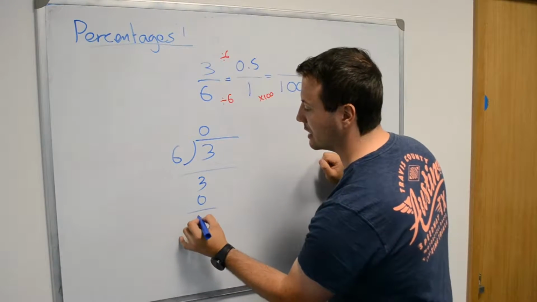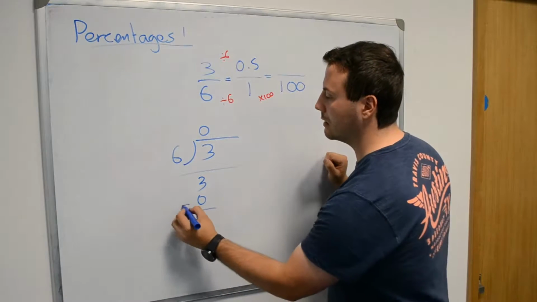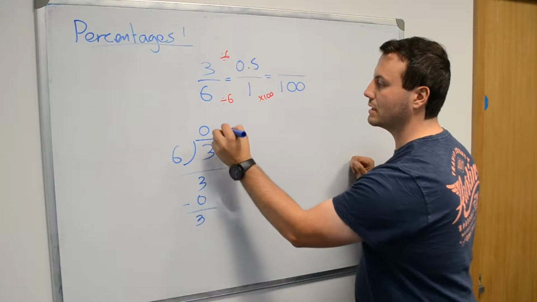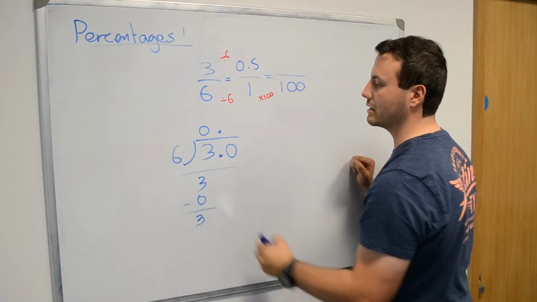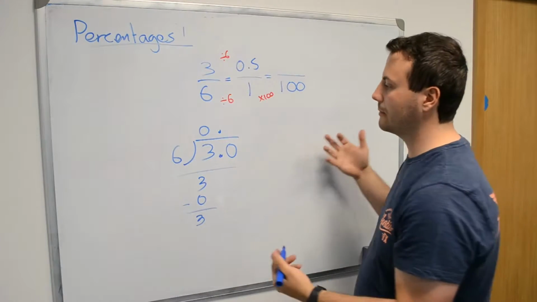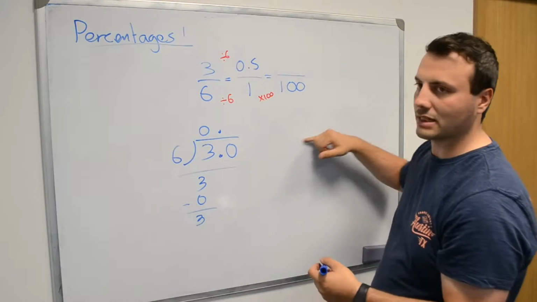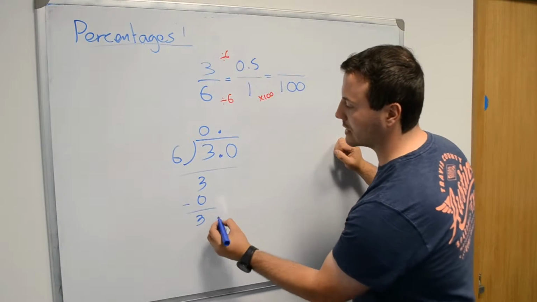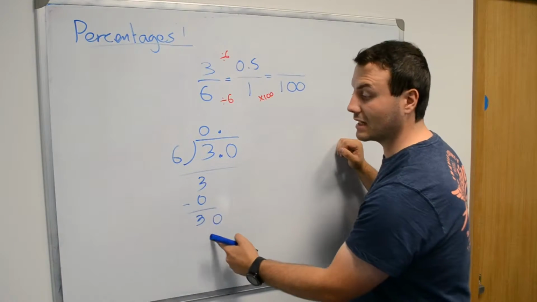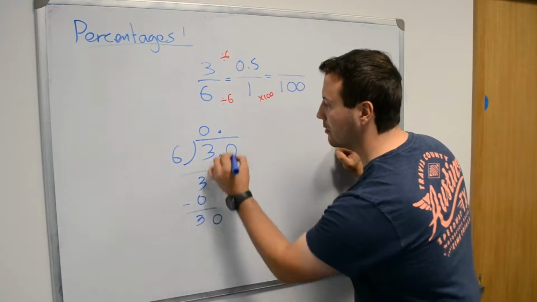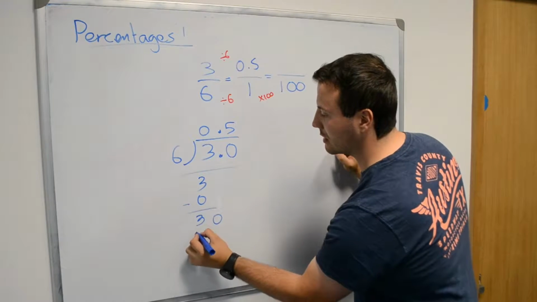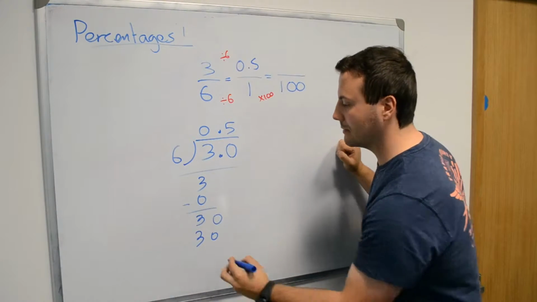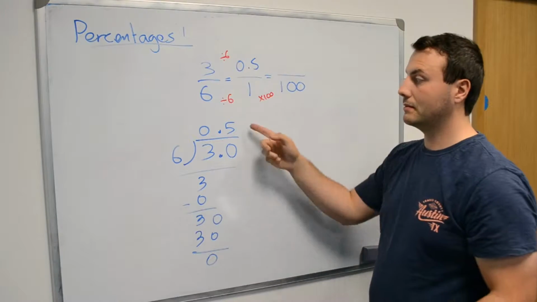So do our subtraction, that leaves us with 3 remainder. So add our decimal points in, bring the 0 across, because remember it's 3.0, and there's always zeros after this point. 0 comes down. How many 6's into 30? Well, they fit in exactly 5 times, because 6 5's are 30. 0 remainder, and there's your answer.